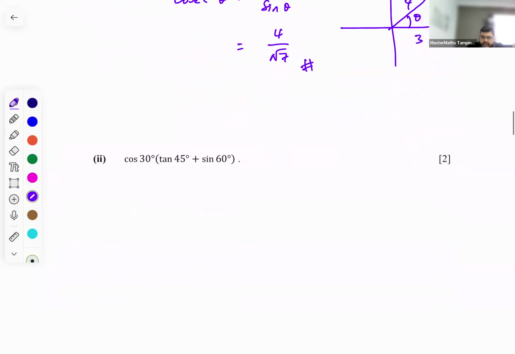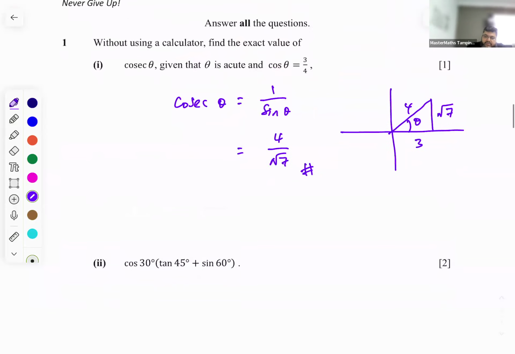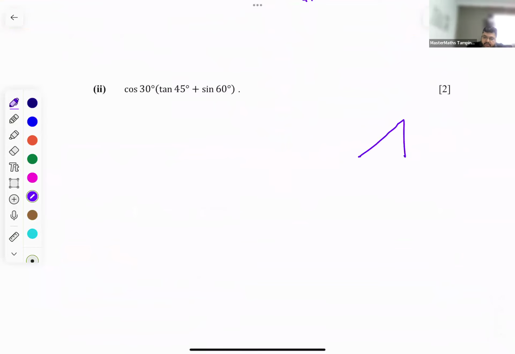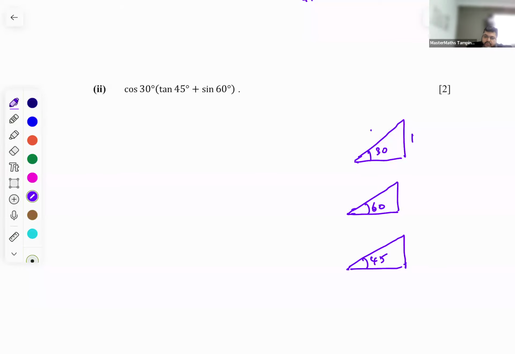Now this one, again, we must understand all the three without using a calculator. Without using a calculator, you need to show me. So this is 30, 60, and then 45. These are the three angles that y'all must always know. Sine 30 is always half. So 1 over 2 is half.